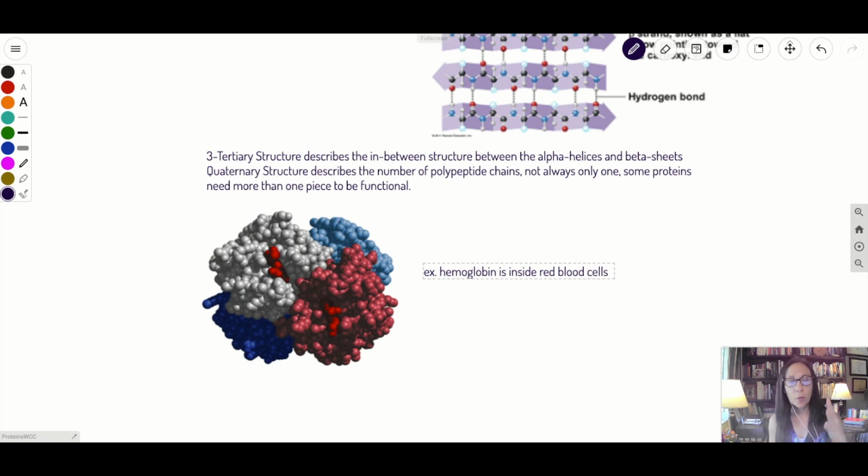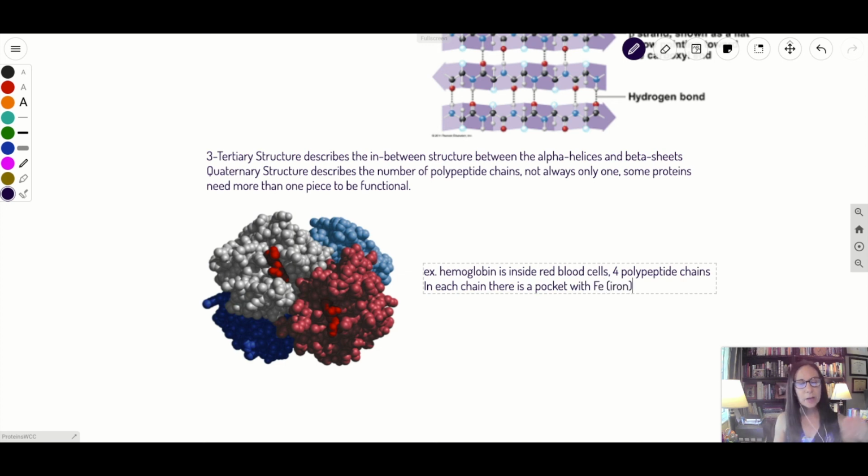And there are 4 different polypeptide chains. Each polypeptide chain is colored here. There's a gray, a red, and then we have 2 blues. Each polypeptide chain has a little pocket, and in that pocket is an iron. So in each chain, there is a pocket with iron. Fe, that's iron.